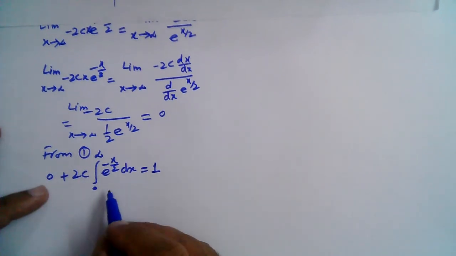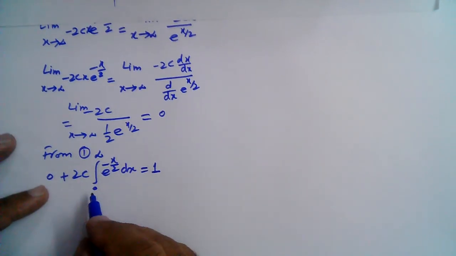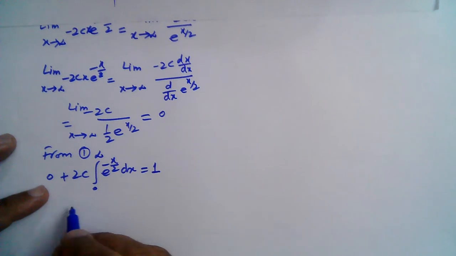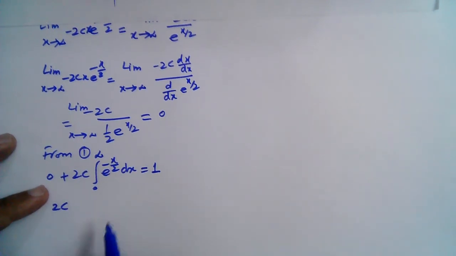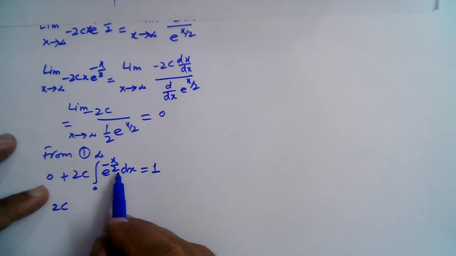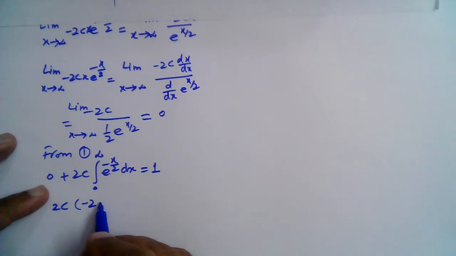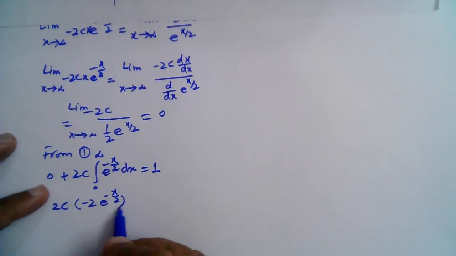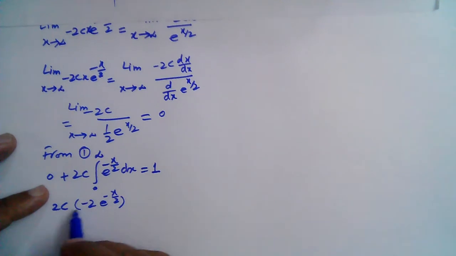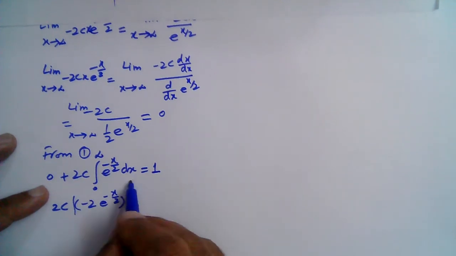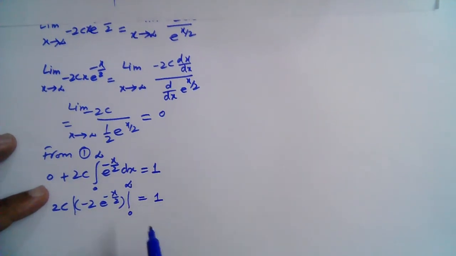So let's now evaluate this integral. So this is 2c, and then this is minus 2 e to the power minus x over 2, right? And the limits are 0 to infinity, and this should be equal to 1.